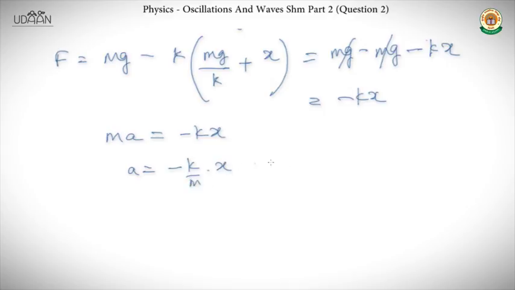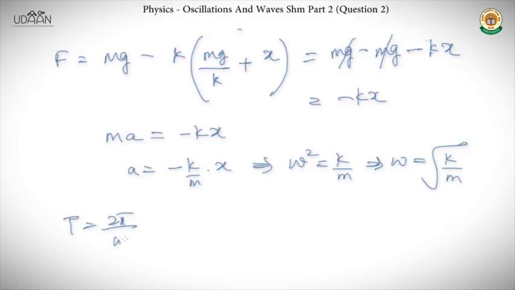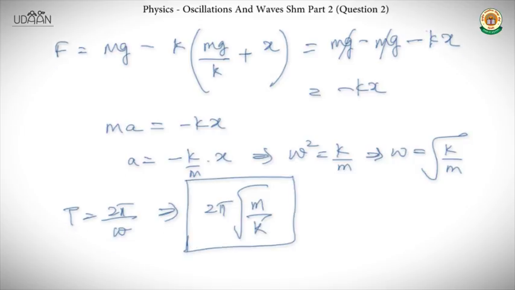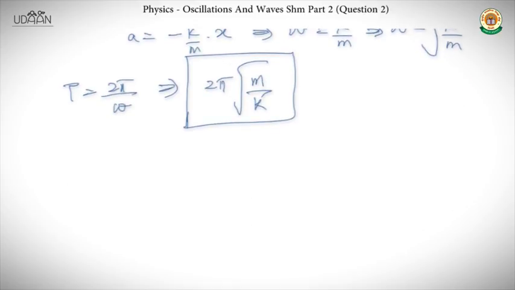So from here you get omega square as k by m, which implies omega is under root k by m. So time period is again 2 pi by omega, implies 2 pi under root m by k. So we got the time period of this system by using the force method.